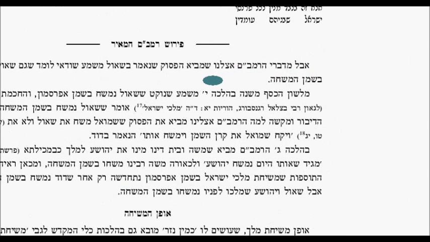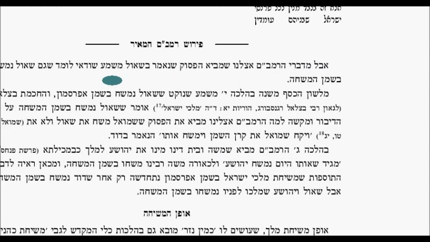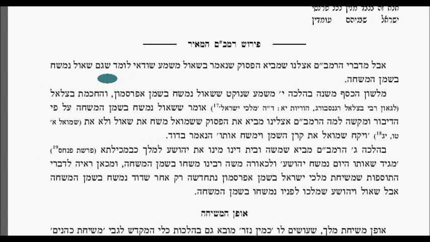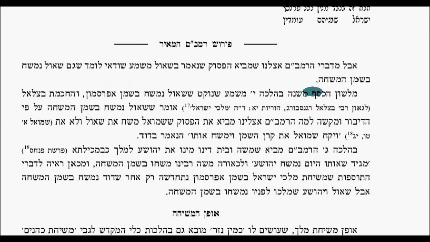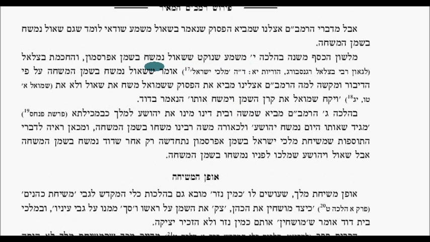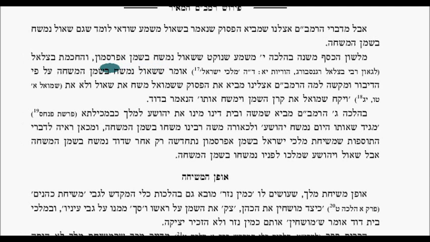Now, from the Rambam, it seems he brings a posuk about Shaul, that he learned that even Shaul was anointed from the Shemen HaMishcha. In Halacha Yud, it would seem that Shaul was anointed with persimmon oil.